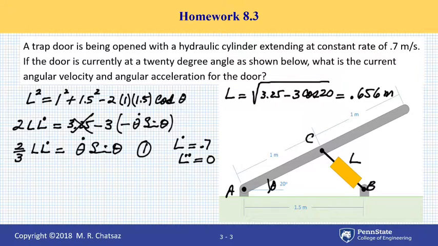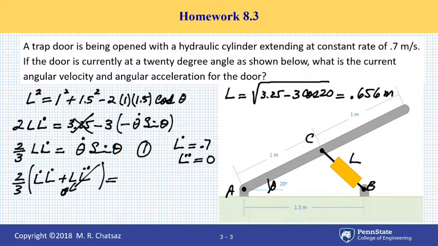Time derivative of both sides. Observe that on the left side I have a product, therefore I have the derivative of first times second plus first times derivative of second, but L double dot is 0, so I can ignore this term.